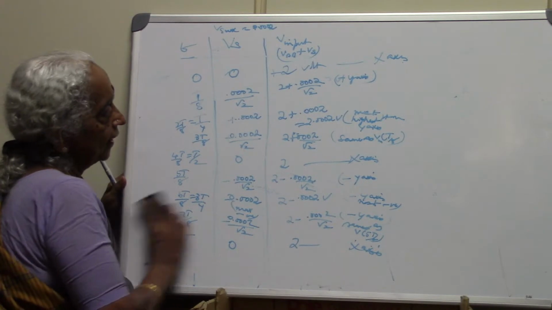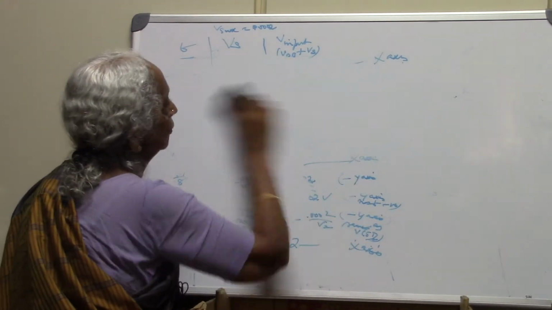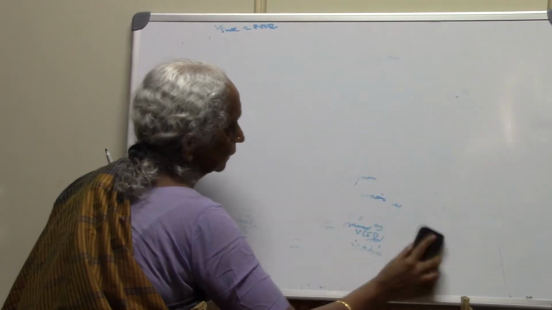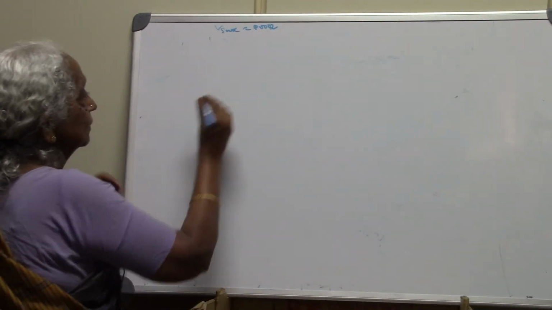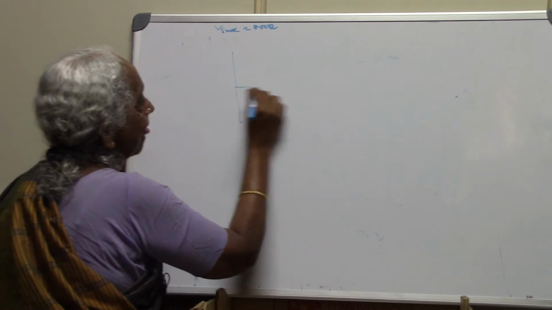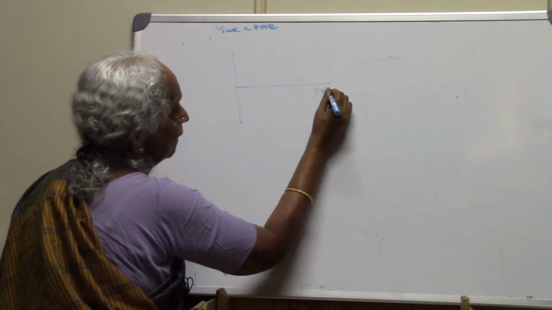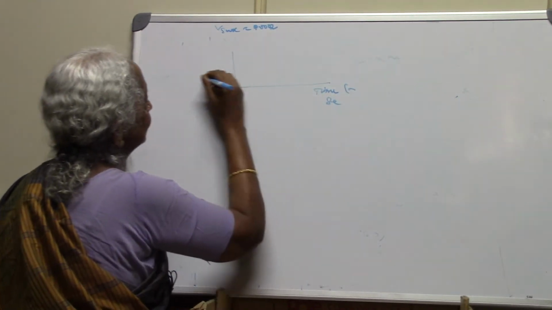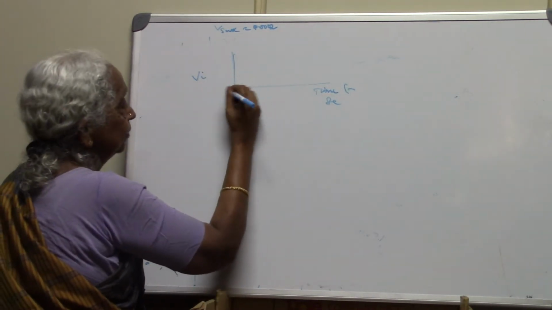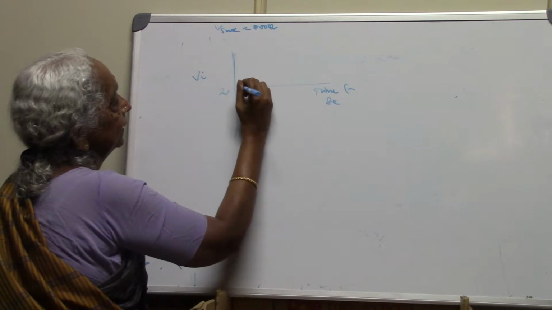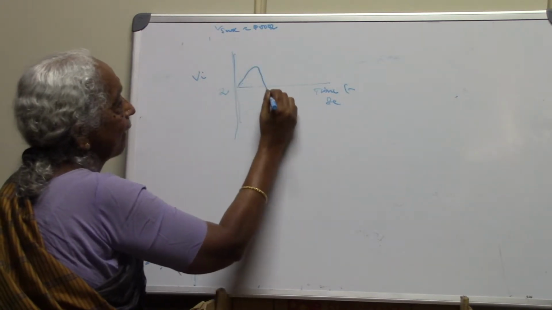So if you draw the graph between time t in seconds versus input Vi, you will find at t equal to 0 it is 2 volts, and then it becomes like this.